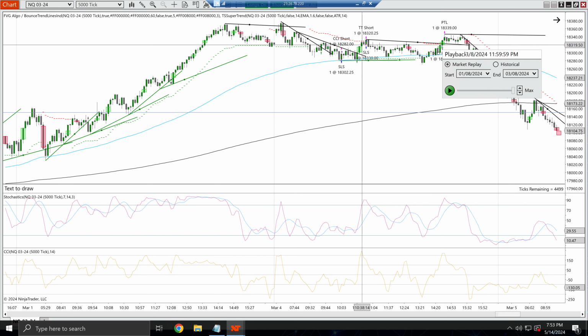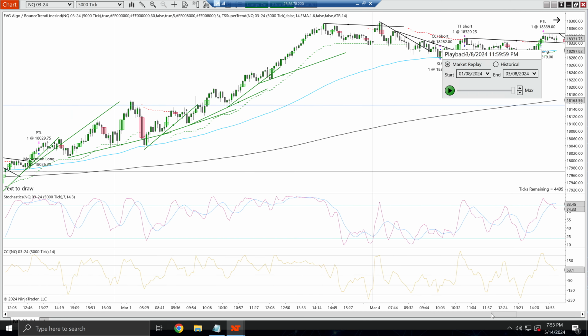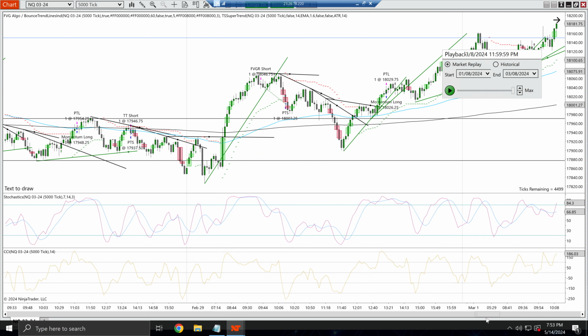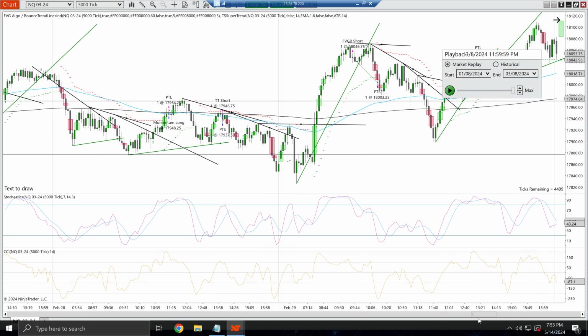I'm not sure if I would have moved it here, probably not. But anyway, oftentimes it just goes in your direction after it makes a stop hunt. It's like that on any time frame, but on 5,000 tick charts, like I said, you get that a lot less.